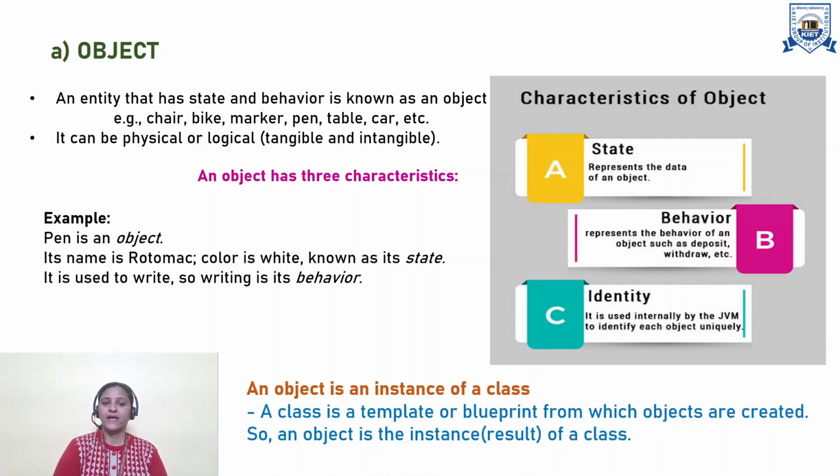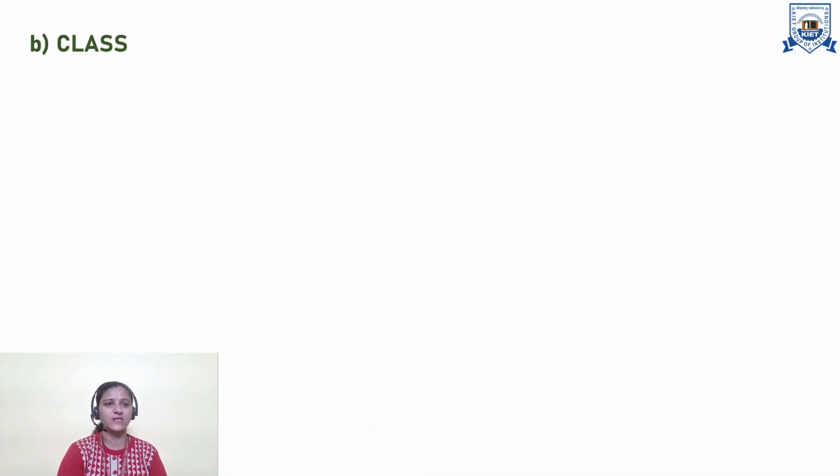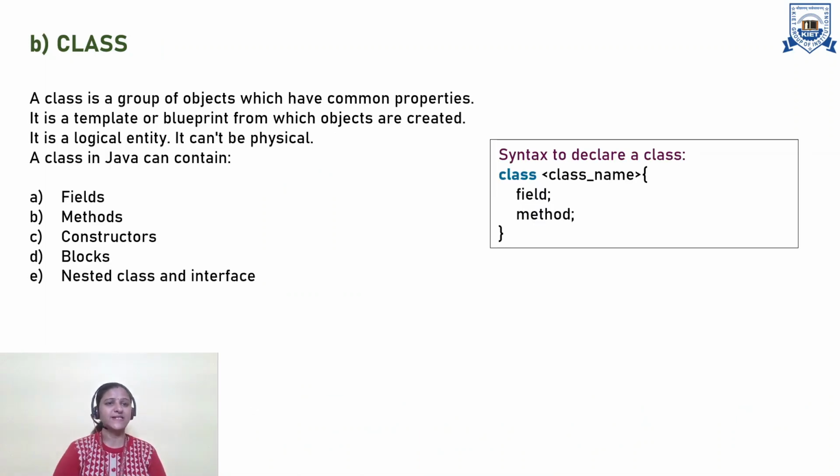We can say an object is an instance of a class. What does it mean? A class is a template or a blueprint from which objects are created. So an object is the instance or a result of a class. A class is a group of objects which share common properties.